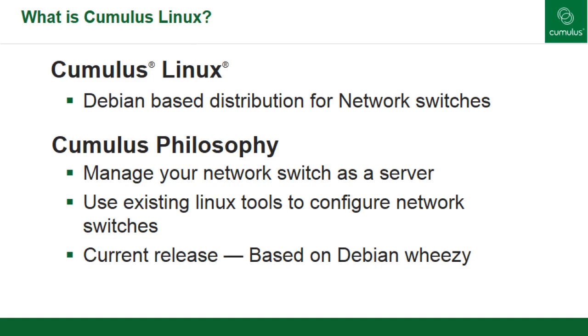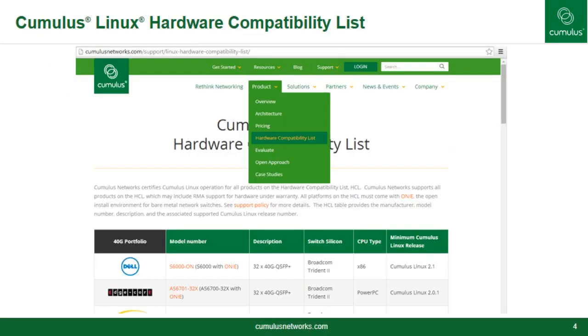You can use existing Linux-based tools to configure your switches, and we're very close to Debian Wheezy, if any of you are Debian fans out there. If you go to our website, you can see our hardware compatibility list. We run on a lot of bare metal switches, which is also really exciting. You can choose your switch and choose your software.